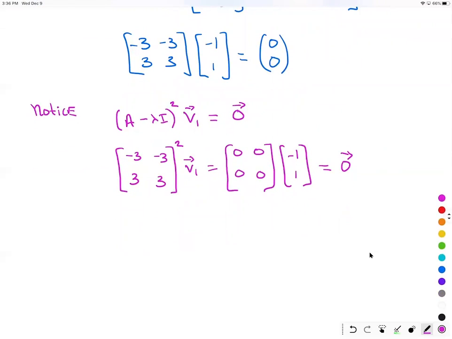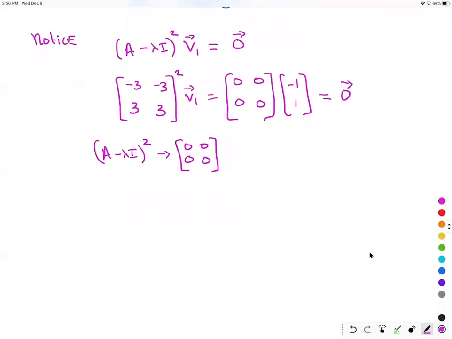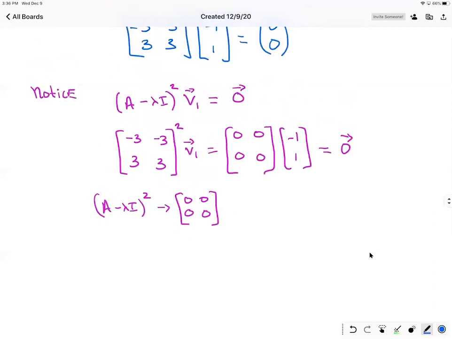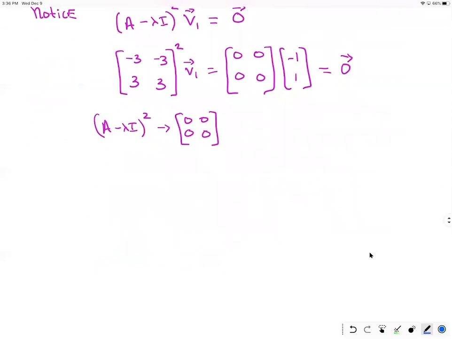So the big idea here is that A minus lambda I, when I squared it, became the zero matrix. I just want to point out that that's what happened, and we'll use that in just a minute.